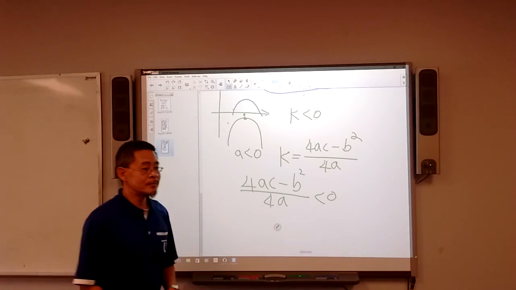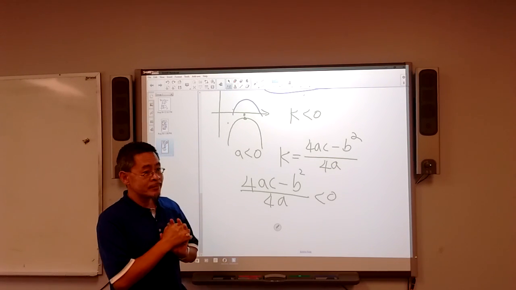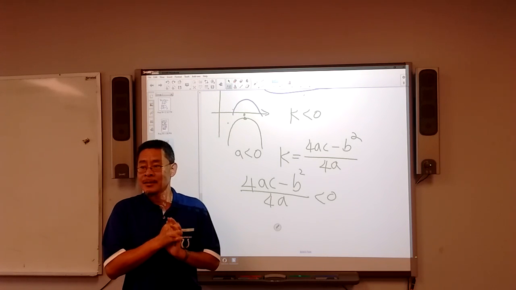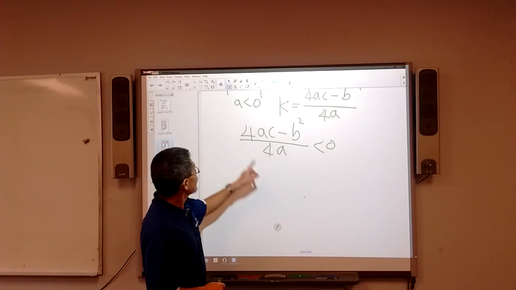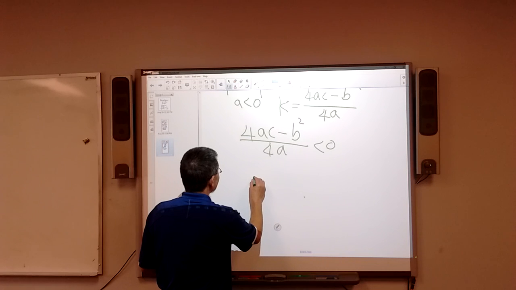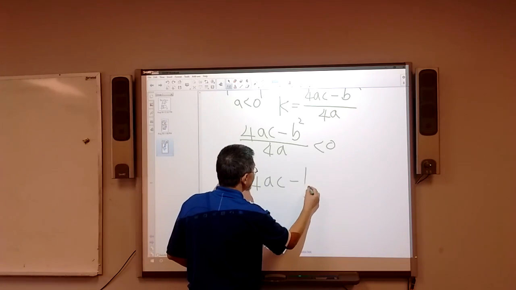Right? We good? Questions? So now you see what happens. Now we're going to multiply 4a on both sides. Because a is less than 0, what happens?